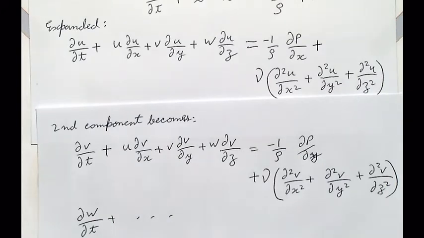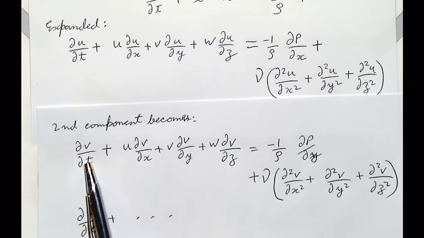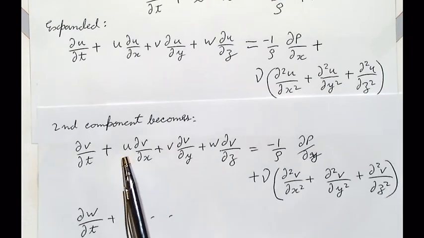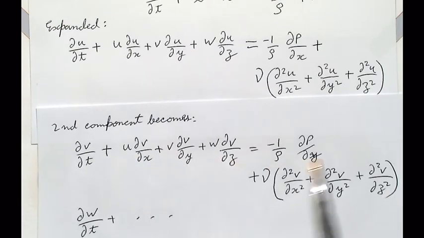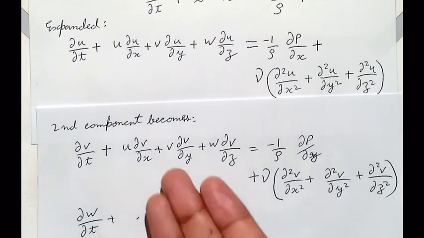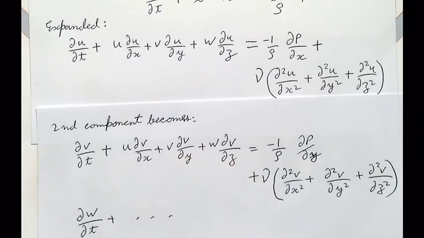Perfect. So we've written out this complicated partial differential equation. Now you start to notice some things. If I want to see how V changes in time, it depends very strongly on U and W and this thing called pressure. And it also depends on V itself, right? So that's where the issue of nonlinearity comes into play.